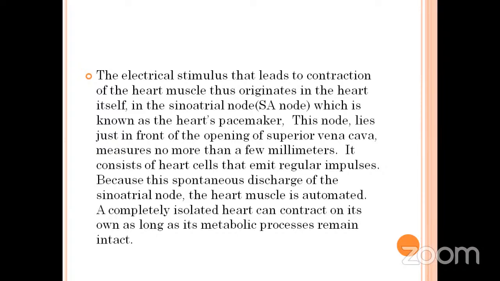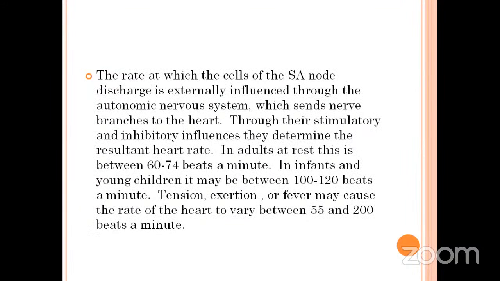Because of the spontaneous discharge of the sinoatrial node, the heart muscle is automated. A completely isolated heart can contract on its own as long as its metabolic process remains intact. So even if the heart is taken out, it does its stuff by itself, as long as the process is still intact.